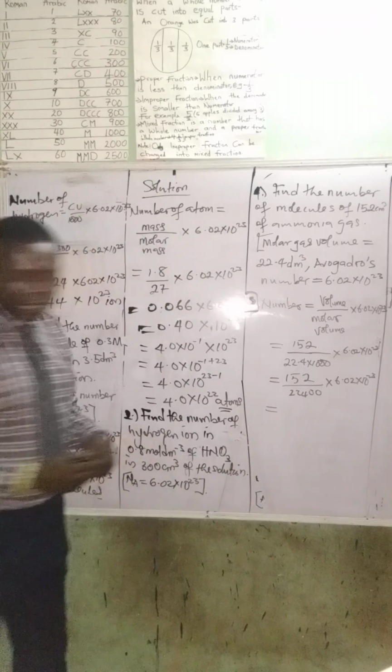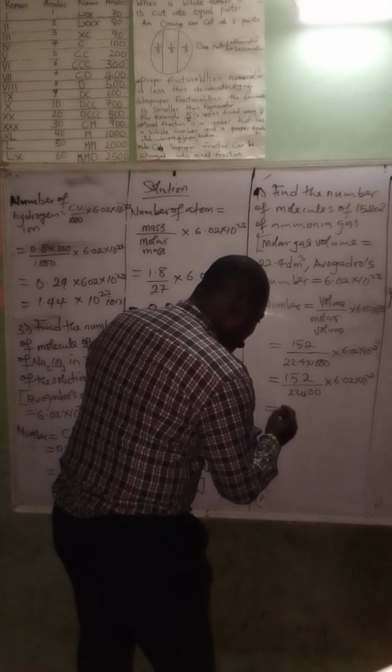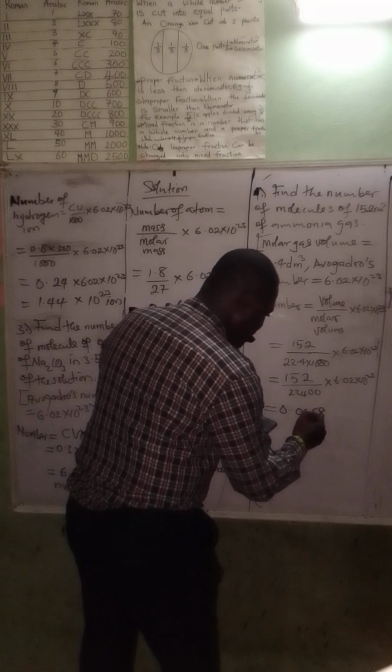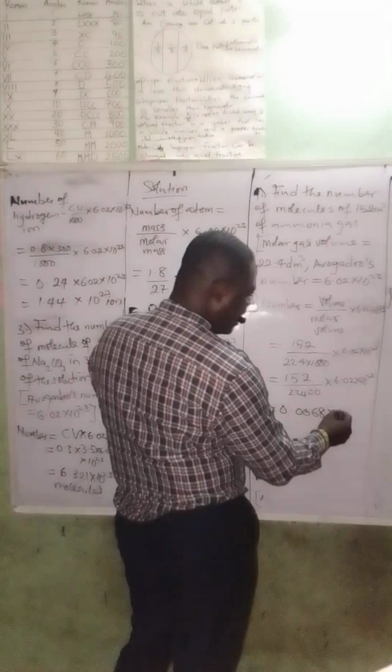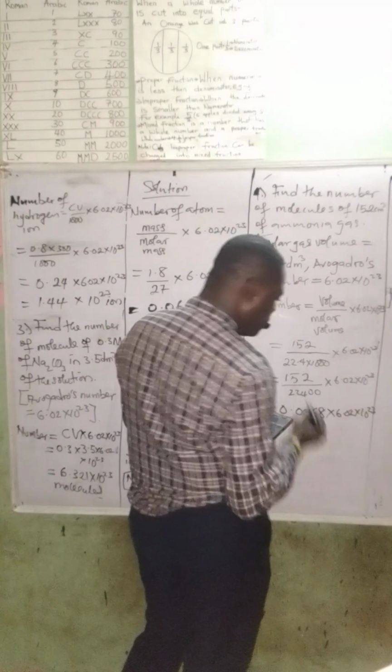Then we press our calculator. We have 152 divided by 22400. We have 0.0068, then times 6.02 times 10 to the power 23.